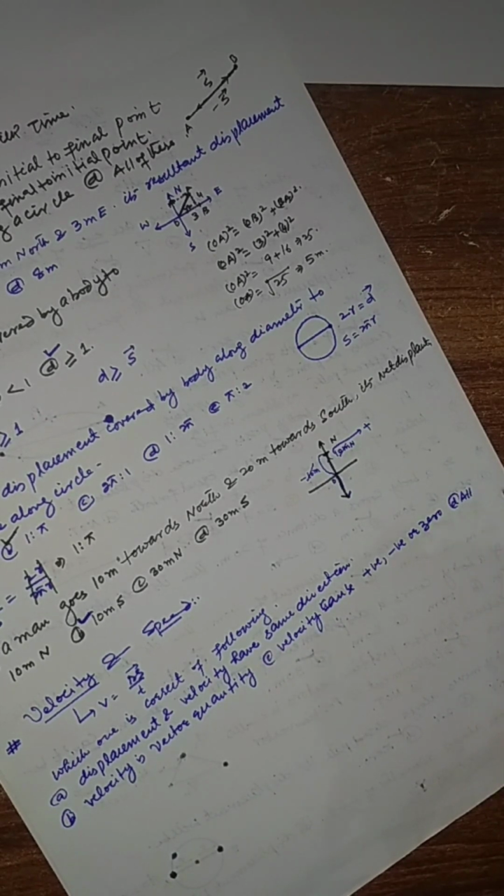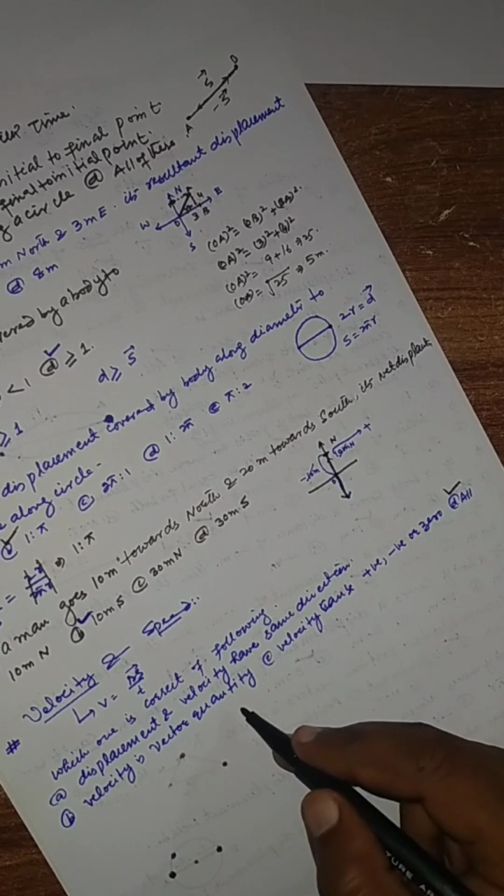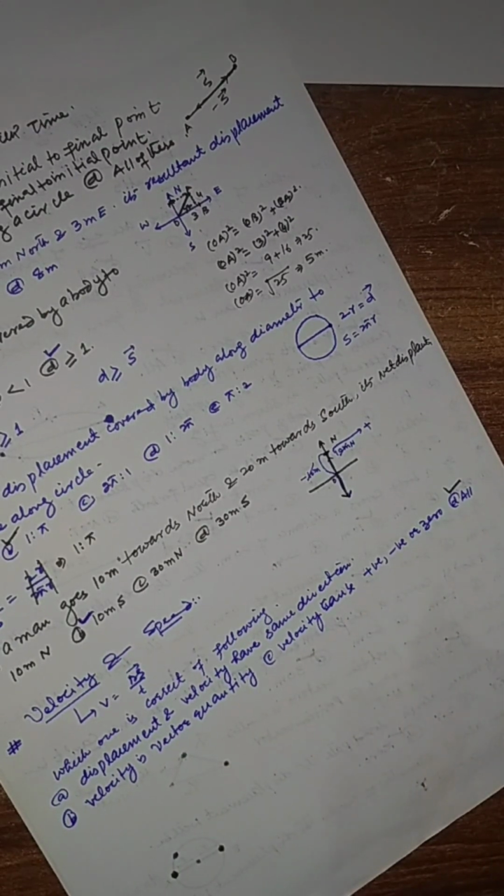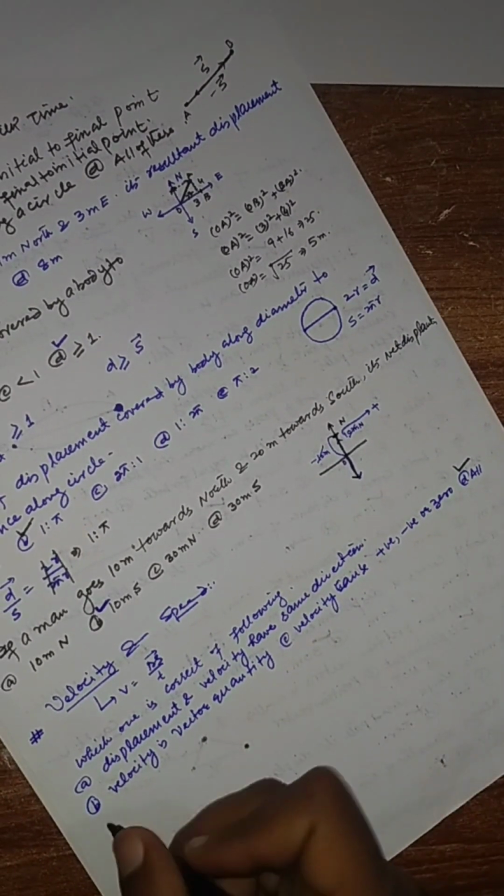Option D, all of these. So what will be the correct answer? Displacement and velocity have the same direction. Okay, velocity is a vector also. Velocity can be positive, negative and zero.